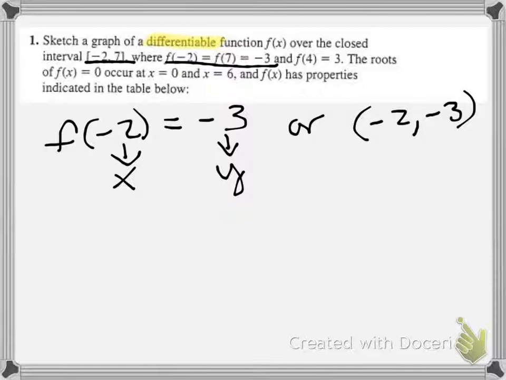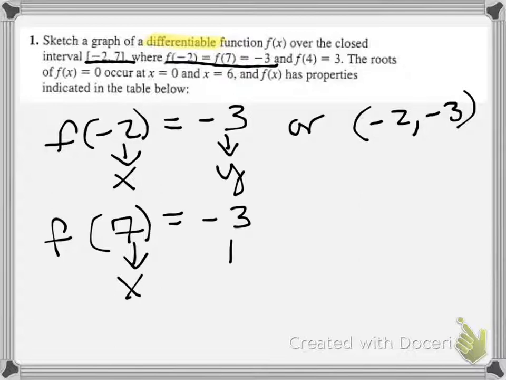That is all that means. And same thing, f of 7 equals -3. This is my x value, this is my y value. So it's saying that when x is 7, y will be -3.